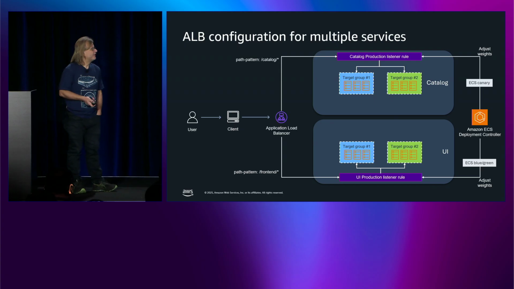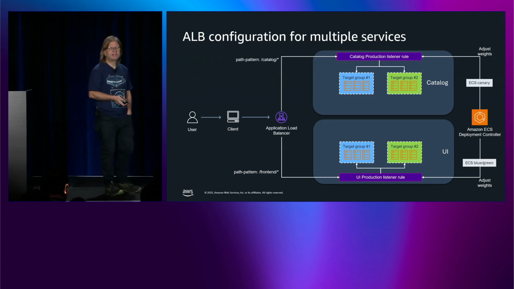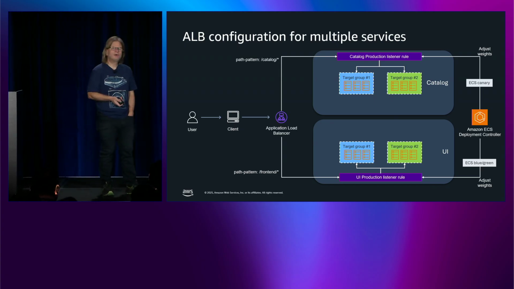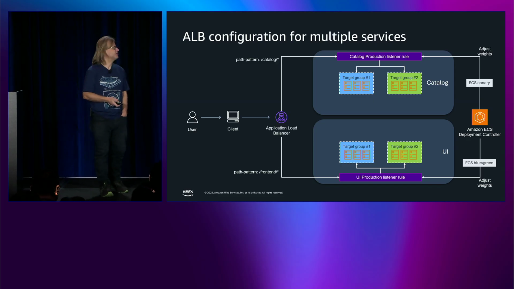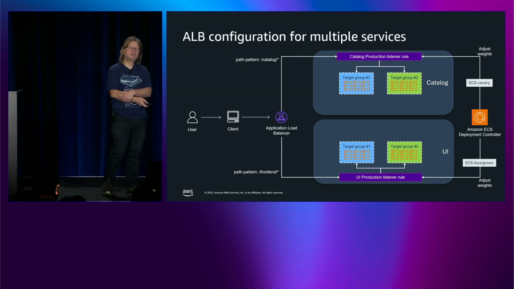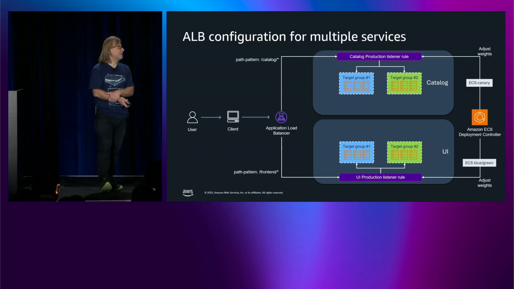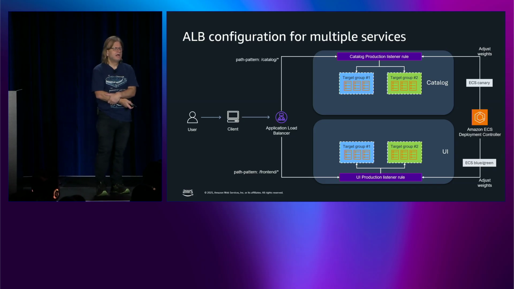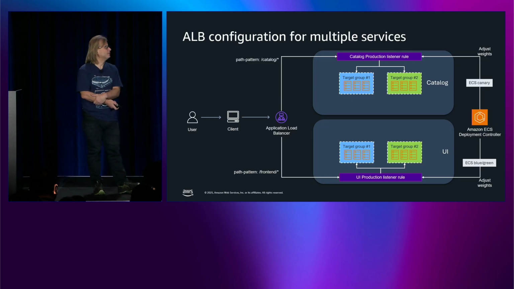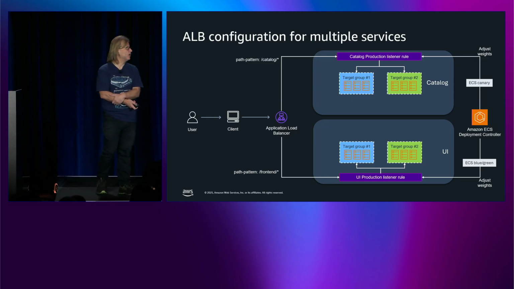So here you can see the two rules for production, the catalog production listener rule and the UI production listener rule. The application load balancer is configured with a path pattern matching catalog and frontend to route to each of those rules. And then on the far side there, you can see the deployment controller has been configured directly to manipulate those rules. In the case of catalog, they're using a canary deployment, and in the case of UI, using blue-green.